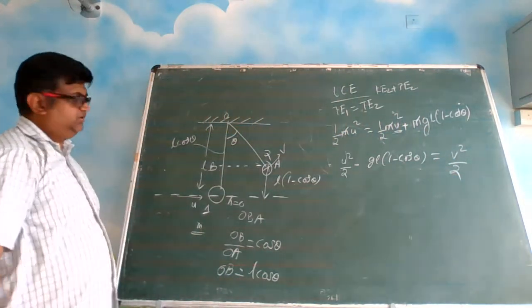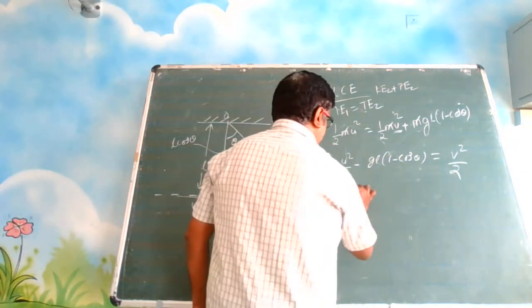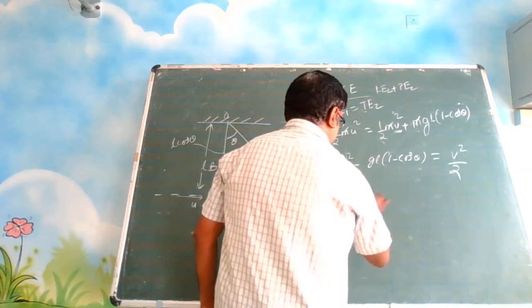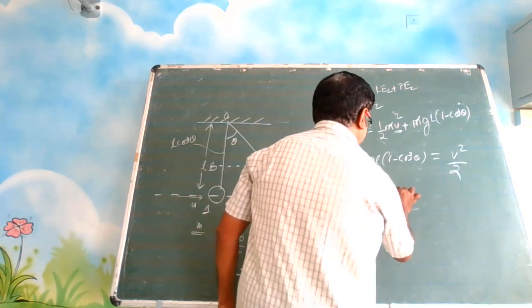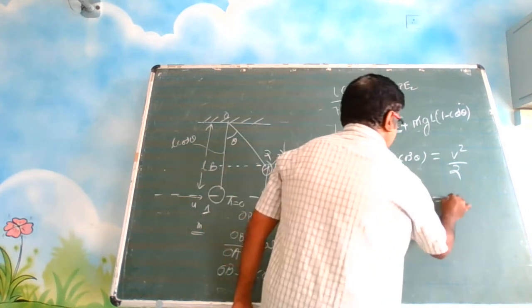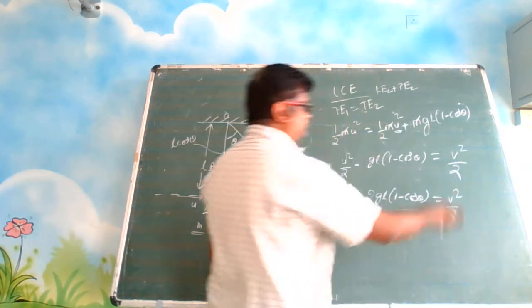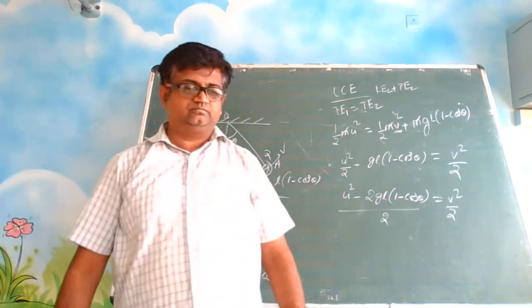Okay? So here take LCM, it becomes u square minus 2gL into 1 minus cos theta is equal to v square by 2. So 2 will cancel.